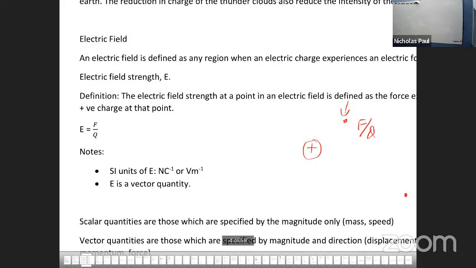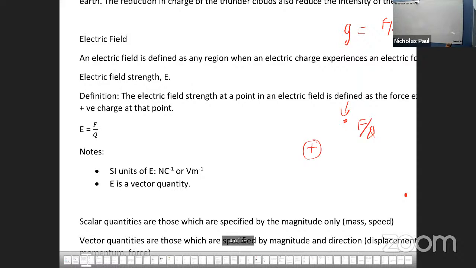You all remember gravitational field strength? How do you find that? G is equal to F over M. So one thing you will recognize is that every single thing that happens in an electric field, you could compare to what happens in a gravitational field.